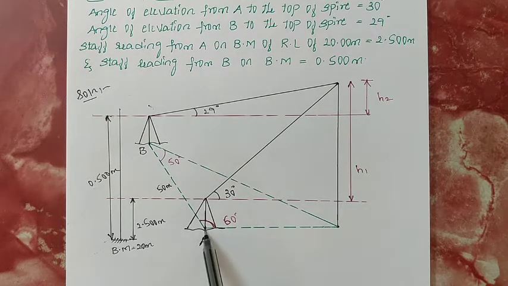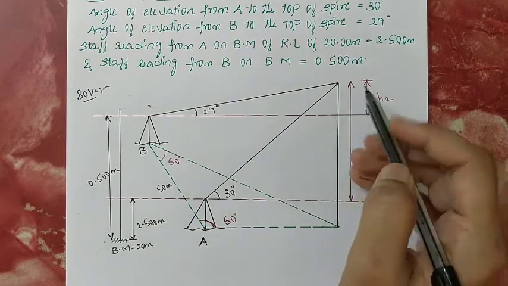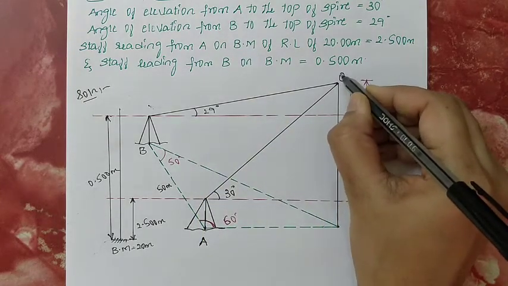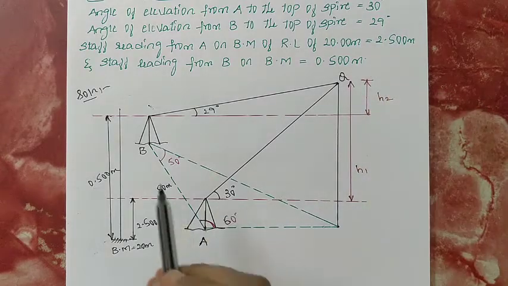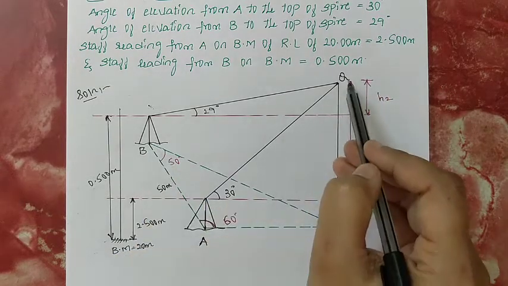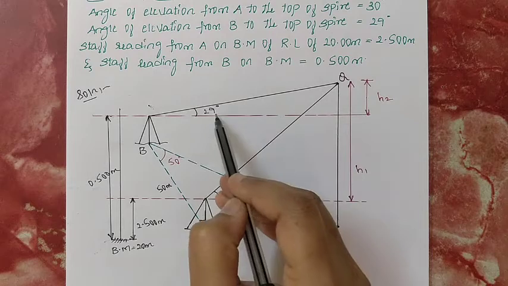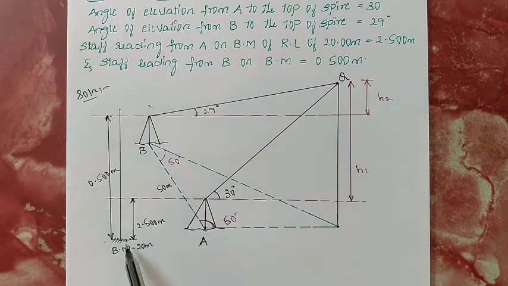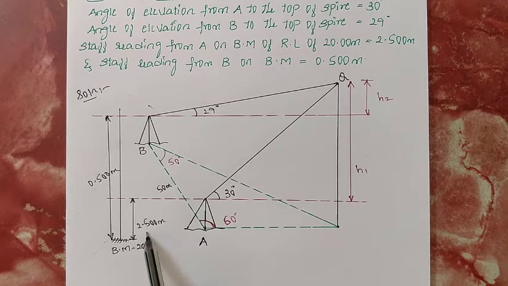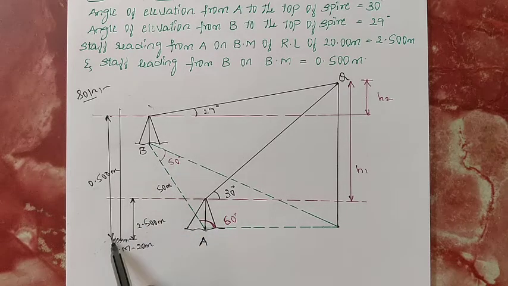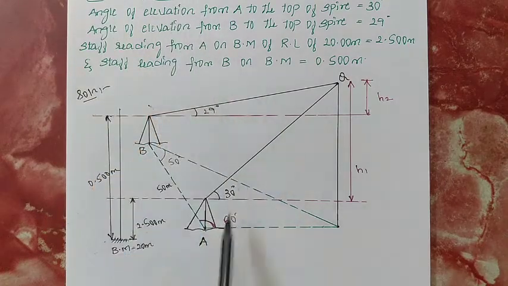See, when the instrument is at A, the angle of elevation from A to the top of the church spire, call it Q, is 30 degree. When the instrument is at B, the angle to the top of the spire is 29 degree. The staff reading on the benchmark when the instrument station is at A is 2.500. Similarly, when it is at B, it is 0.500 meter. In addition, the horizontal angles they have given.